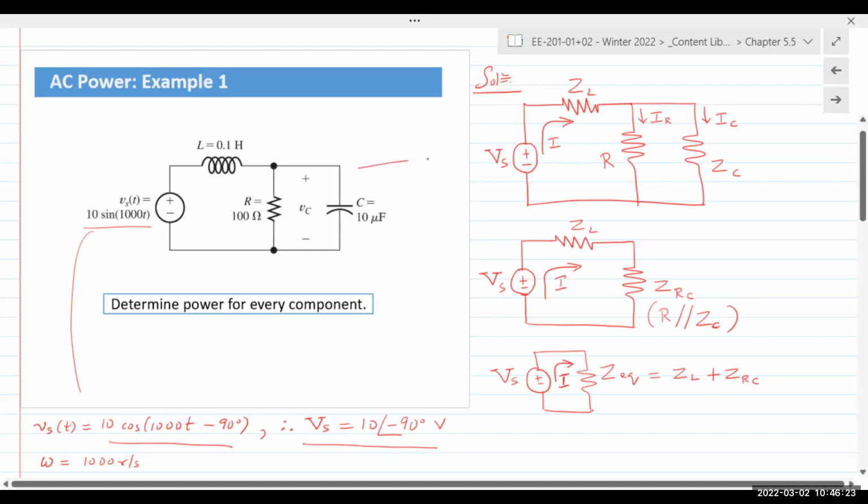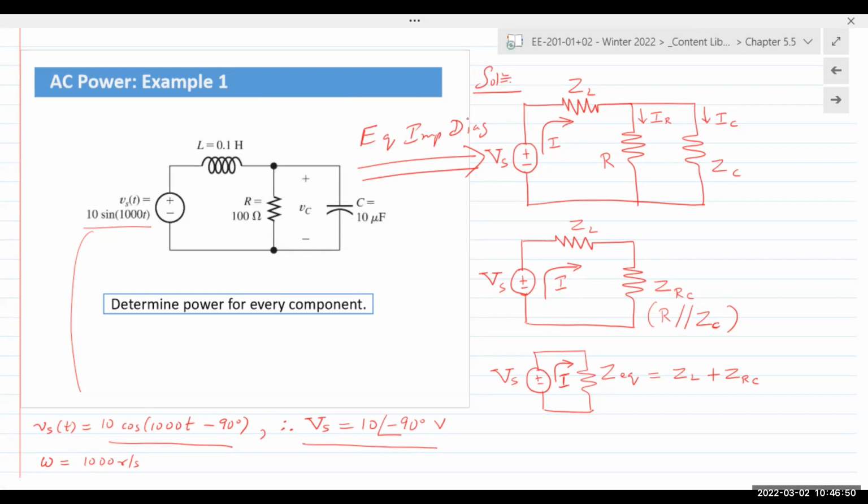And on the other side, I would draw out the equivalent impedance diagram. Right, equivalent impedance diagram. So each component is represented with its complex quantity.